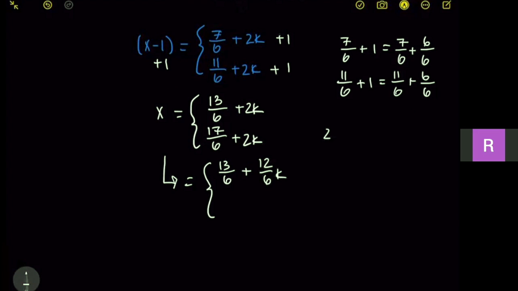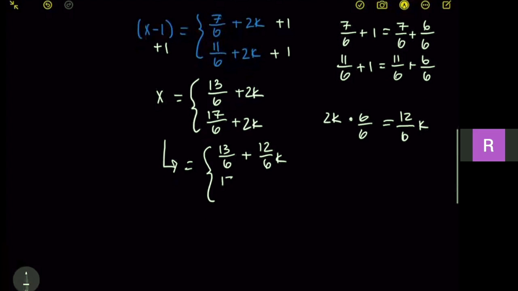Because to get 2k over the denominator of 6, we have to multiply by 6 over 6, because we can only multiply by 1. So we get 12 over 6 k. And we're also going to have 17 over 6 plus 12 over 6 k here, because we're doing the same thing we did here.